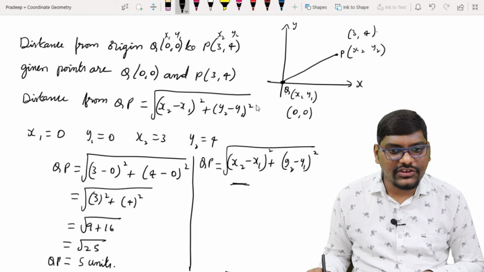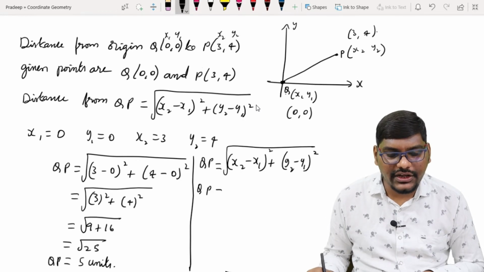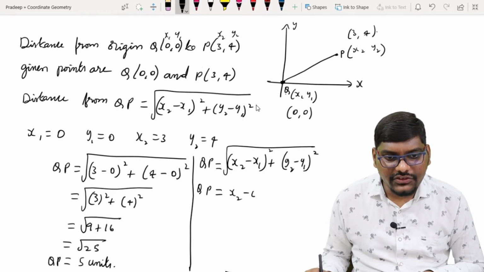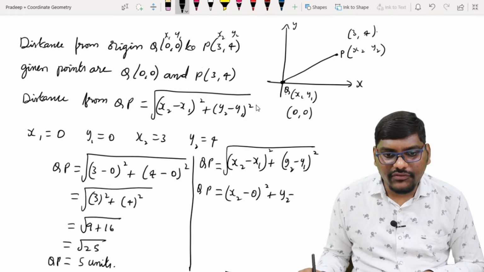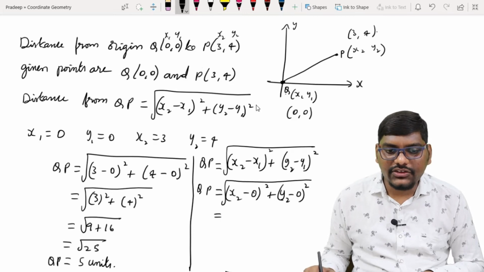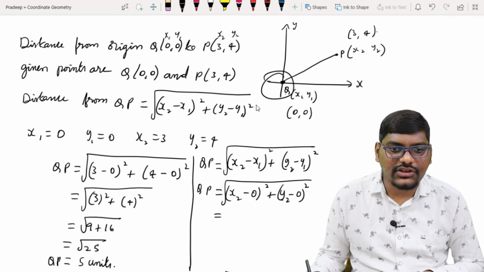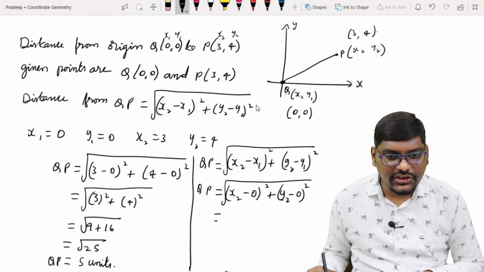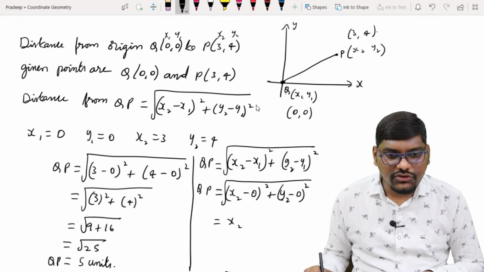In that case, if I substitute the coordinates, x1 is 0, and y2 is their value, then y1 is always again 0, because one particular coordinate is completely 0. So this equation is becoming root of x2 whole square plus y2 whole square.